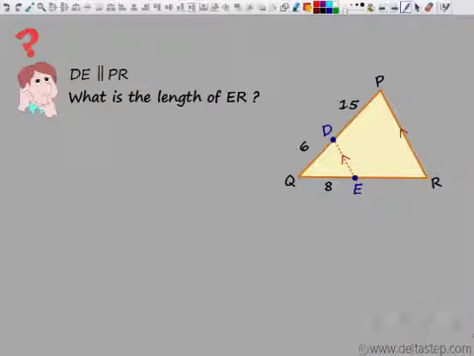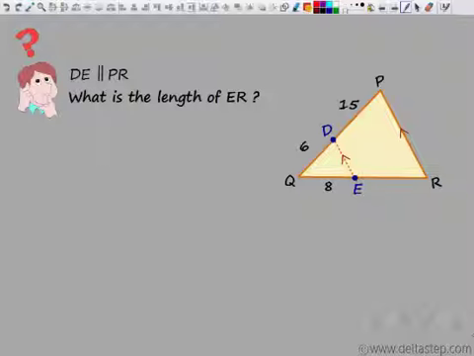So can you answer this question now? We know that DE is parallel to PR and we want to find the length of ER. What I see is a triangle PQR and two parallel lines, that is DE parallel to PR. A triangle, parallel lines, immediately what comes to my mind is BPT.